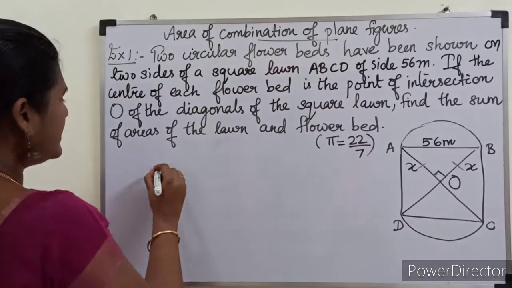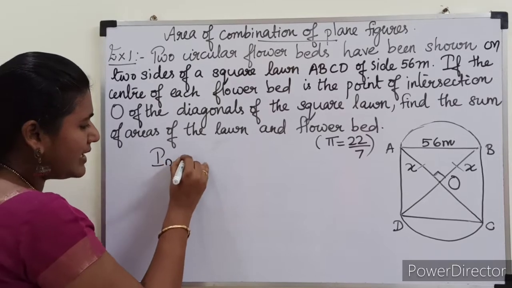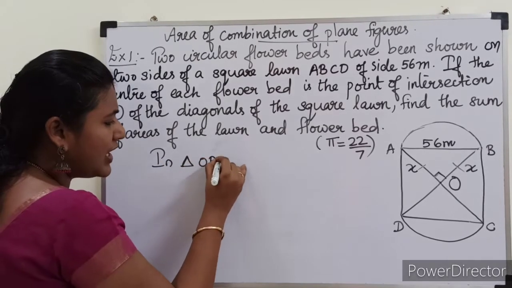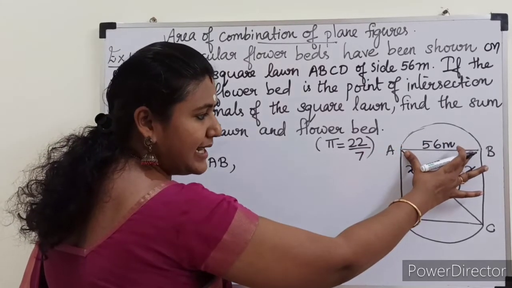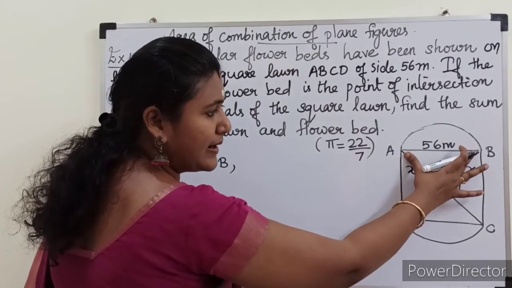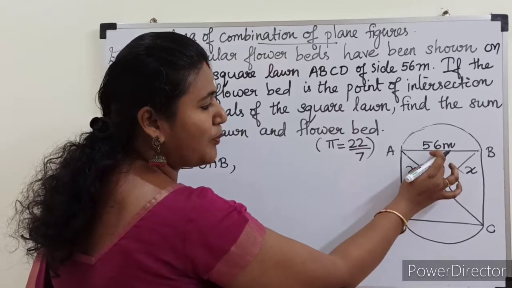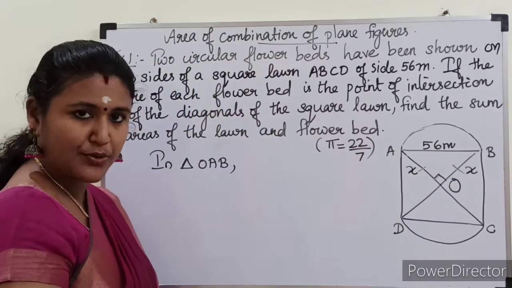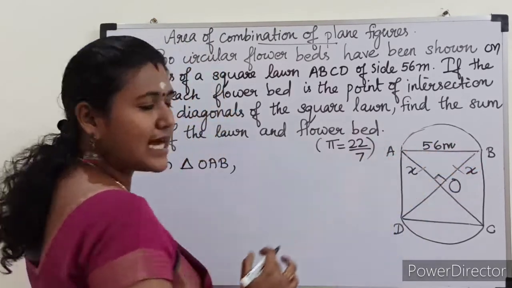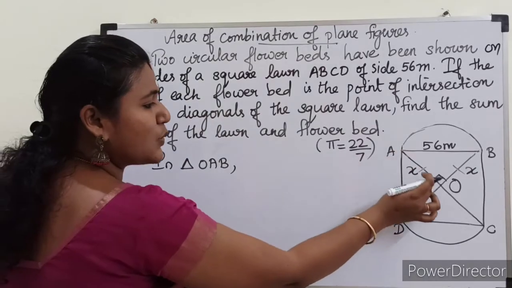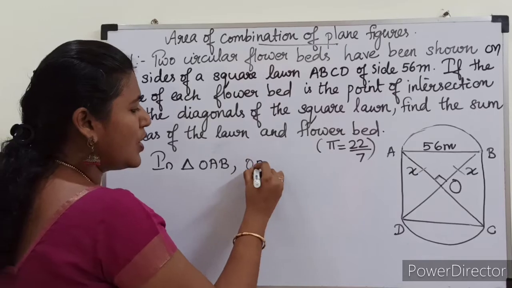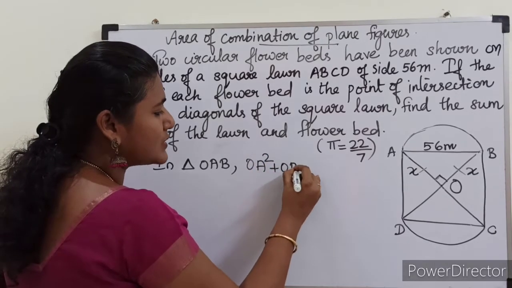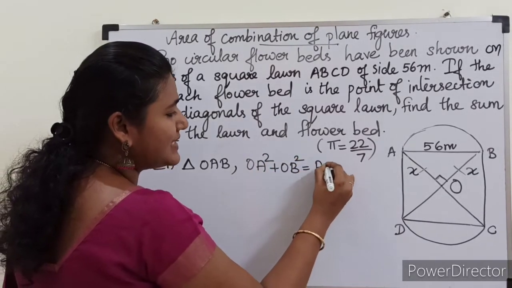So in triangle OAB, using the Pythagoras theorem: the side opposite the 90 degree angle is the hypotenuse, so this side AB is the hypotenuse. So OA square plus OB square is equal to AB square.